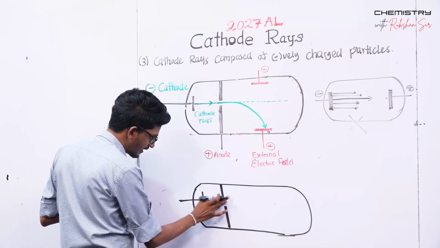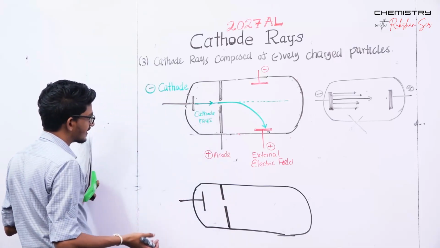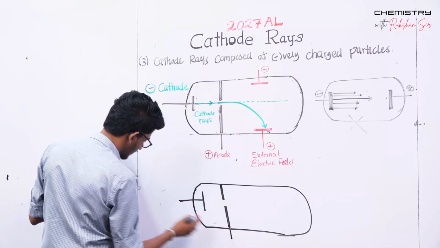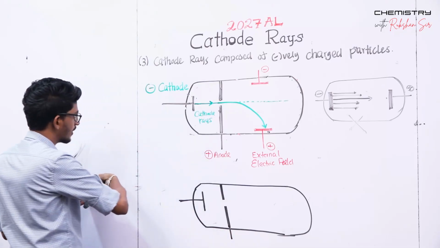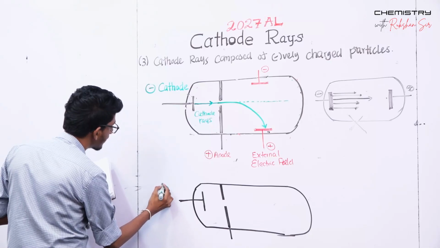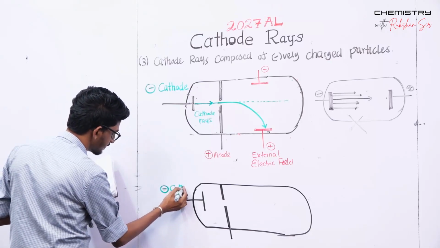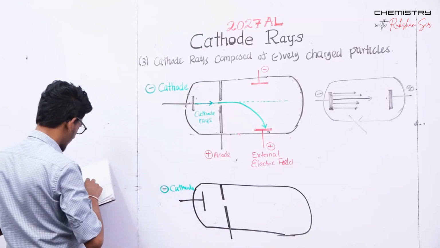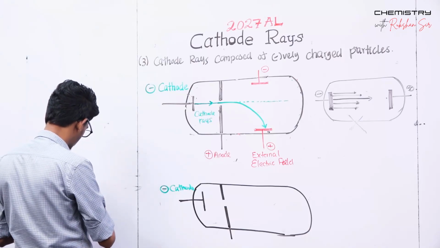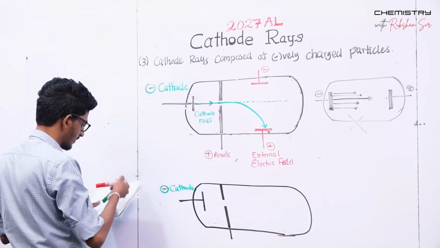Yes, the setup is again a bit like the earlier situation. So you have the cathode and anode appearing like this. This is your cathode, and you have the anode here as well.